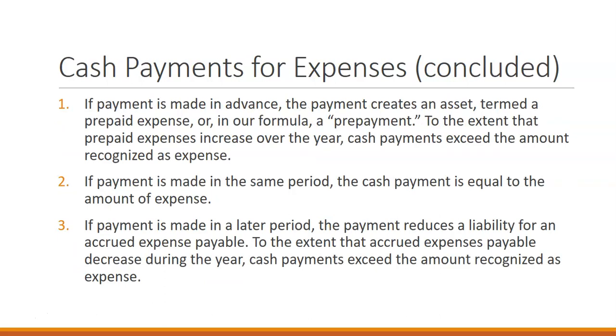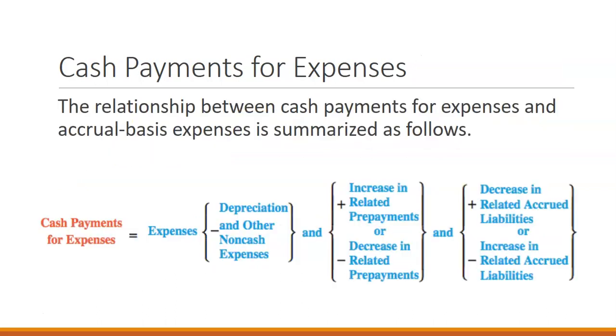If the payment was made in advance, we would have a prepayment. If the payment's made in the same period, then our cash payment is equal to the amount of the expense. And if the payment's made in a later period, that reduces a liability that we would have had in our payable. So when we're looking at cash payments for expenses, we start with our expenses.